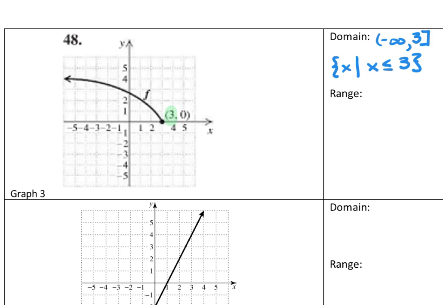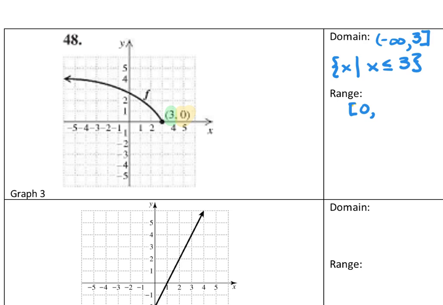All right, so now let's look at the range. Remember, for range we go bottom to top. If we start at the bottom and start going up, our lowest point happens at 3, 0. Now remember that for range, we want the y value, so we start at 0. That's our first number, our smallest value.